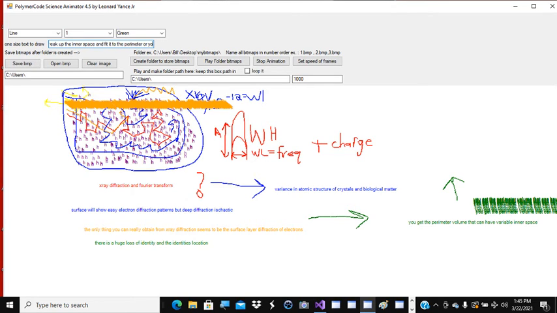Or you can use a real mass spectrometer on the fragments of polymers and macromolecules.